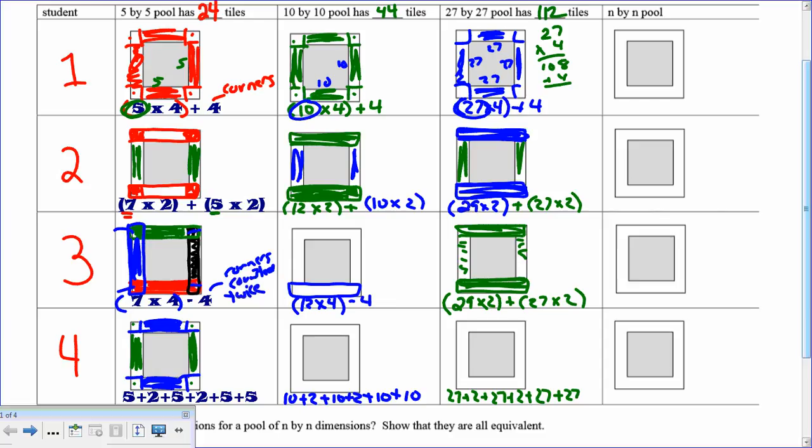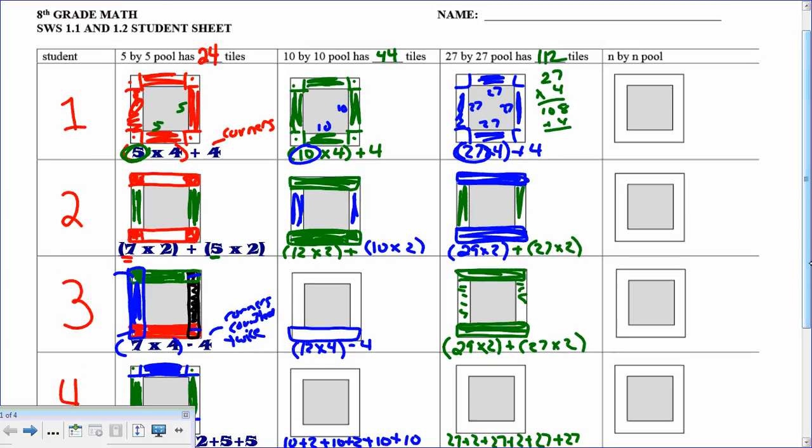Okay? So now that we've done that, the whole point of this is to try to find equivalent expressions. So we're going to come up with an equation from these guys right here, and then see if all 4 equations are equivalent. So in the first equation, we have 4 sides. So if we're trying to find the number of tiles, whatever the side length is, we multiply by 4.